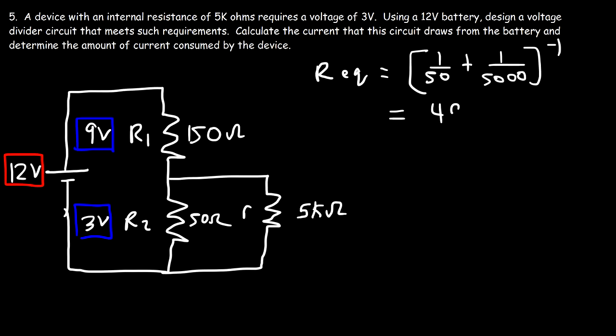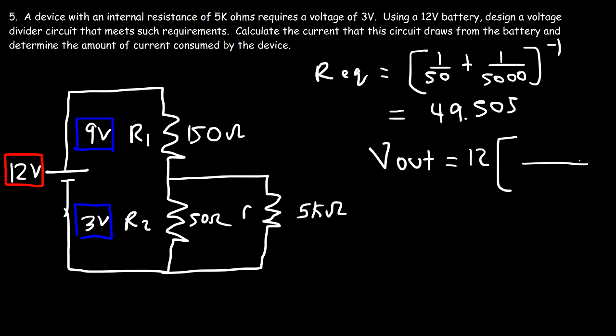And so that's going to be 49.505. Now to calculate the output voltage, it's going to be the input voltage, which is 12, times the equivalent resistance of 49.505, divided by the equivalent resistance plus R1, which is 150.